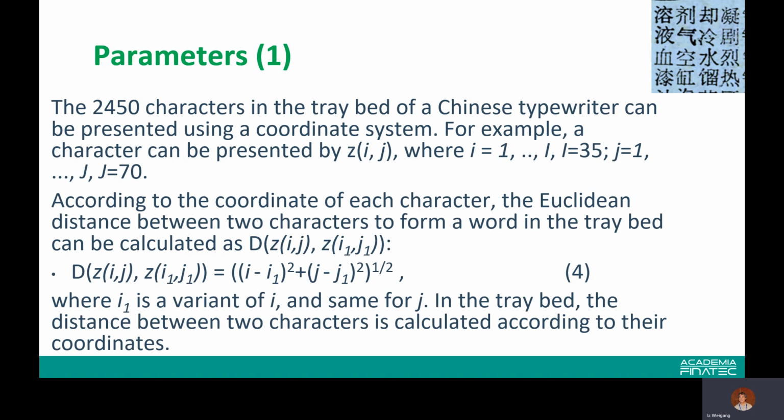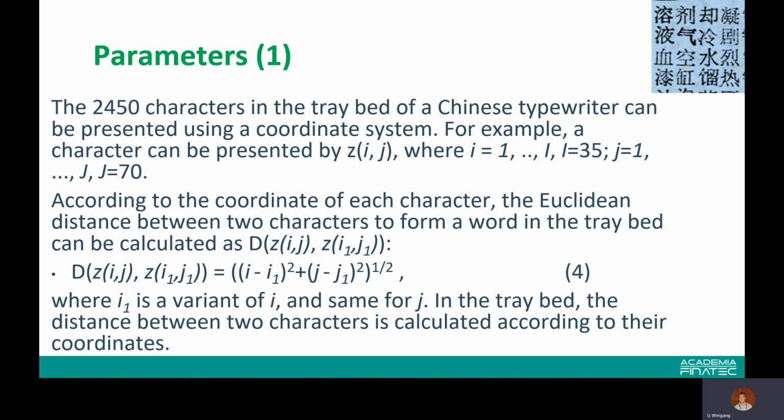Parameters. We defined the following parameters for the analysis. The 2,450 characters in the treatbed of the Chinese typewriter can be presented using a coordinate system. For example, a character can be presented by Z(I, J), where I equals 1 to I, and J equals 1 to 17.